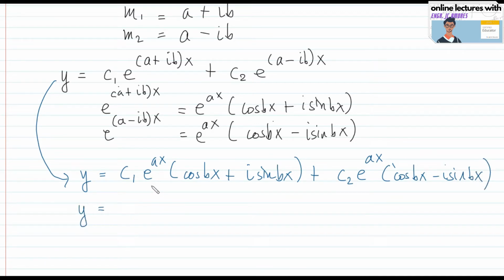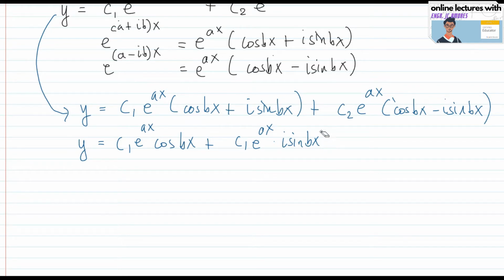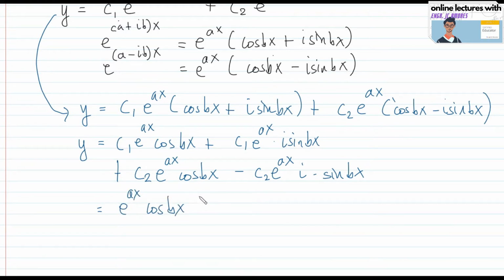Now if we distribute, we will have c sub 1 e raised to ax cosine bx plus c sub 1 e raised to ax times i sine bx, plus c sub 2 e raised to ax cosine bx minus c sub 2 e raised to ax times i times sine bx. These terms have a common factor, e raised to ax cosine bx, and if we factor that out, what would be left is c1 plus c2.